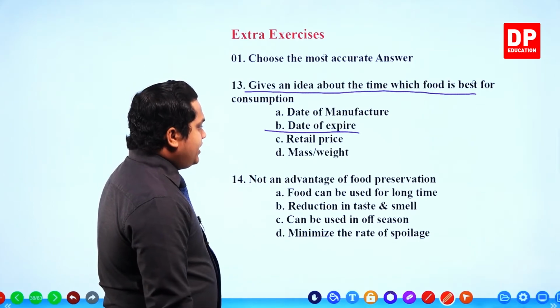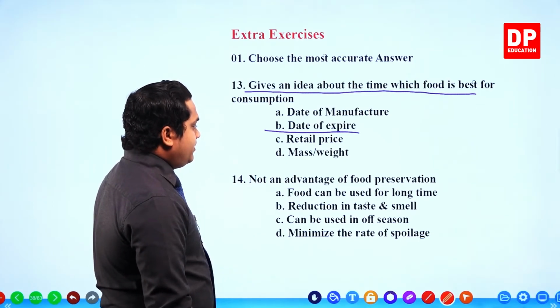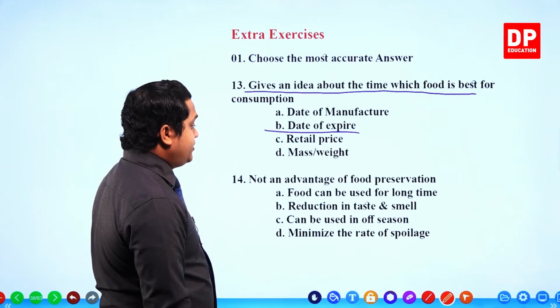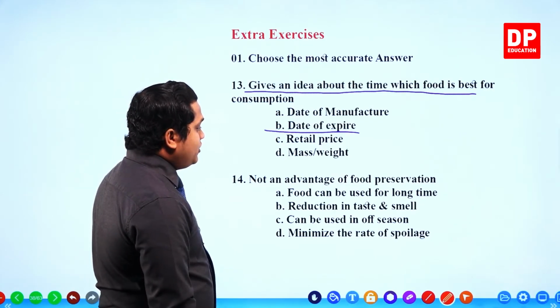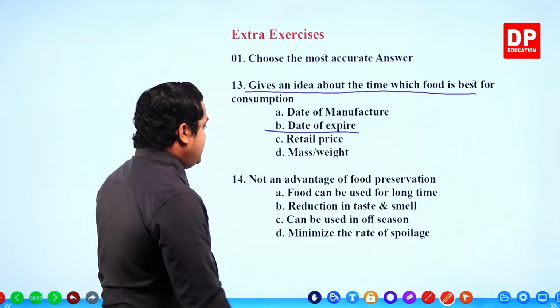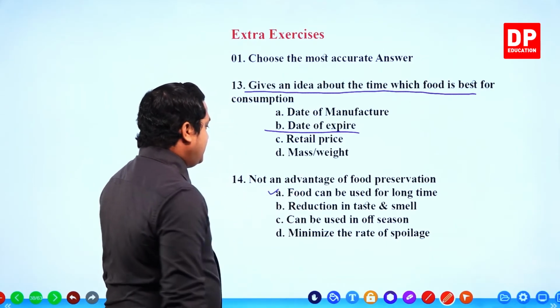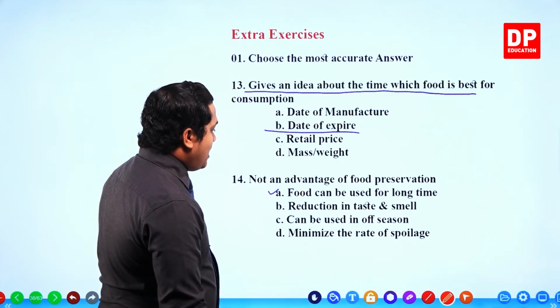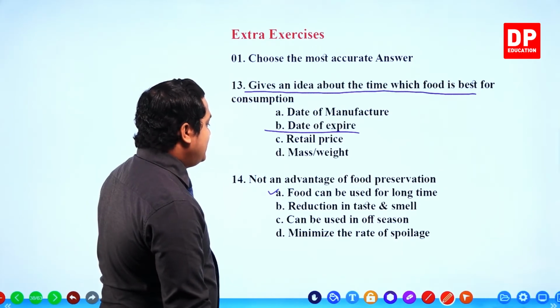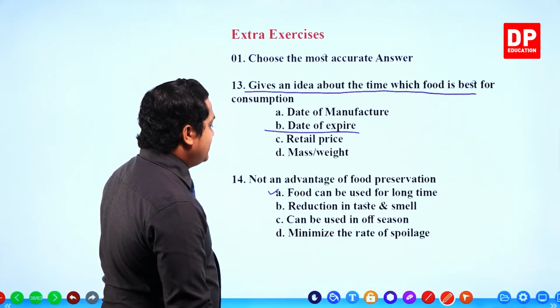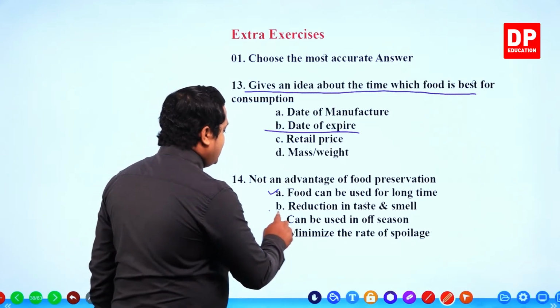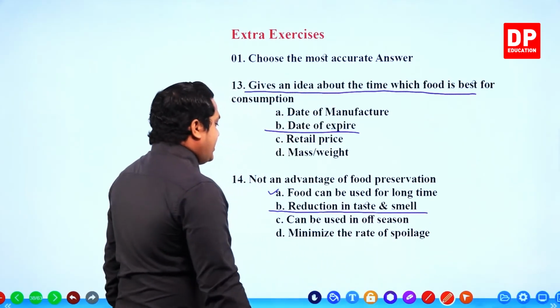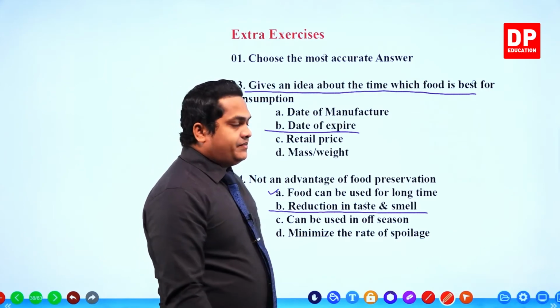Not an advantage of food preservation means it should be a disadvantage. Food can be used for a long time. It is an advantage. Reduction in taste and smell. That one is a disadvantage, my dear children. So this should be our answer. It reduces the taste and smell, right?